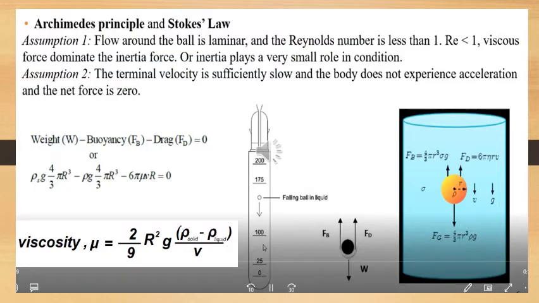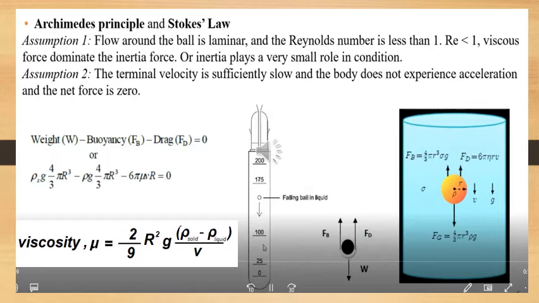With this activity, we have two assumptions. The first assumption is that the flow around the ball is laminar and the Reynolds number is less than 1. In this case, viscous force dominates the inertia force, or the inertia plays a very small role in this condition. The next assumption is that the terminal velocity is sufficiently slow and the body does not experience acceleration, and the net force is 0.